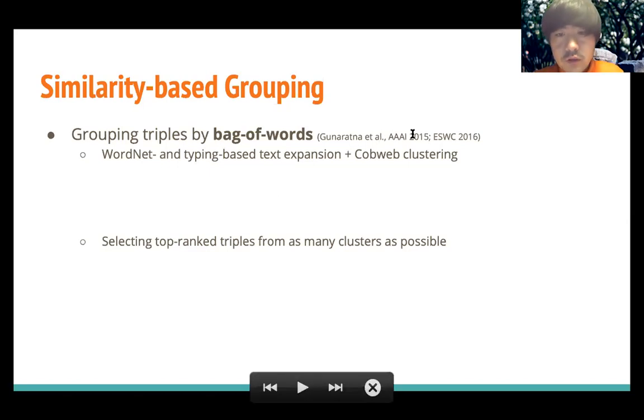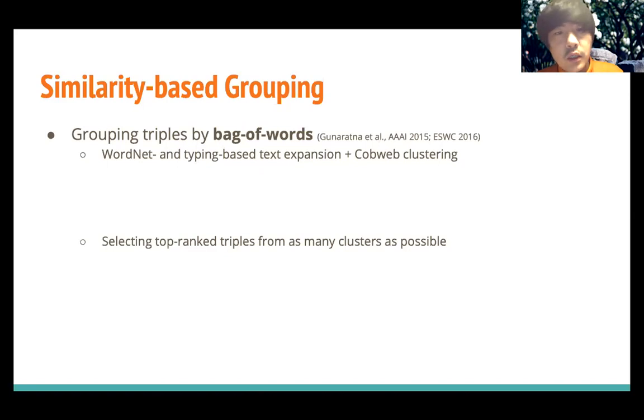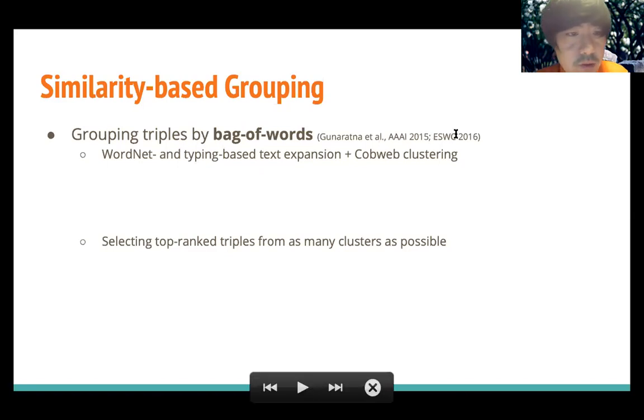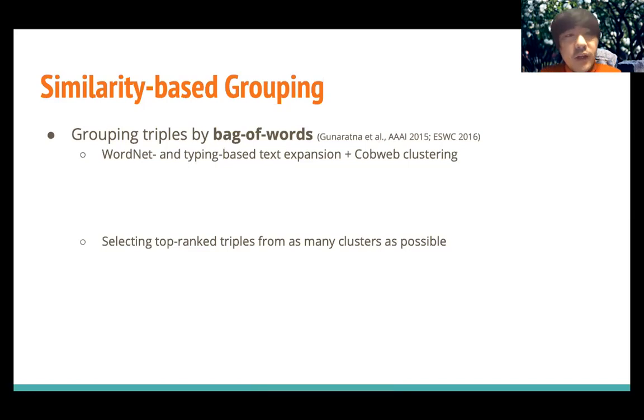One is called Physis, published at AAAI, and the other is an extended system called Physis E, published at ESWC. The basic idea is that we group triples by a bag of words model. We collect words from a triple, from the property and from the property value. A triple is a very short text containing only a few words, so we need to extend the bag of words. We can extend the words by using WordNet.